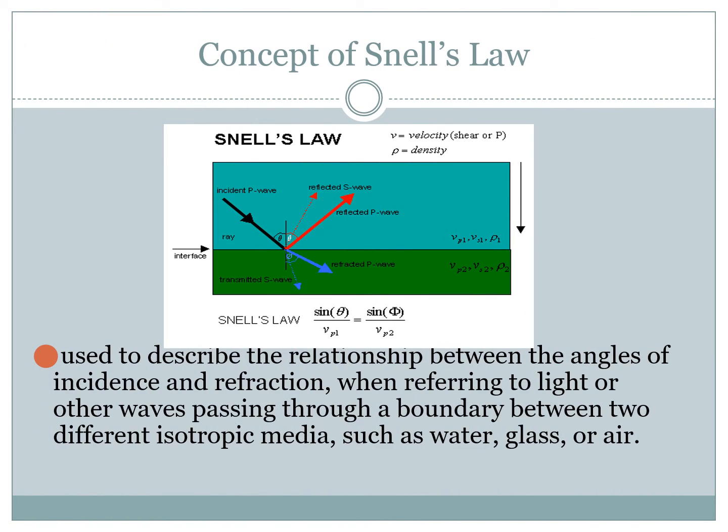The concept of Snell's law is one of the major concepts that we saw in the wave field of experiment 1. Snell's law is used to describe the relationship between the angles of incidence and reflection when referring to light or other waves passing through a boundary between two different mediums, such as water, gas, or air.